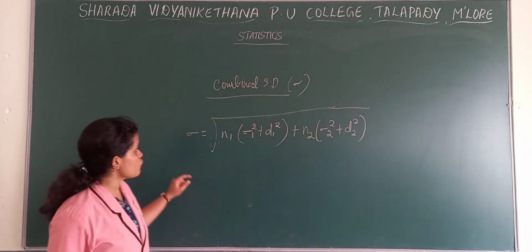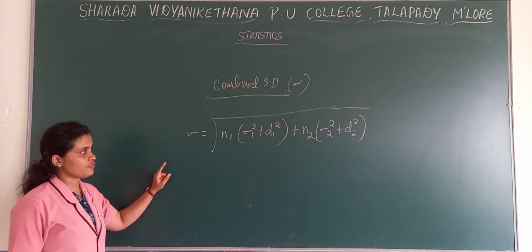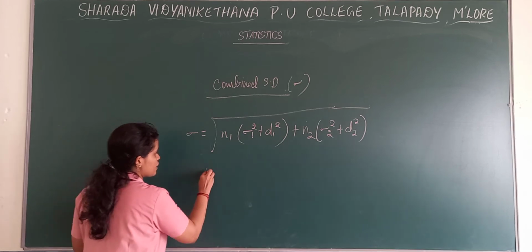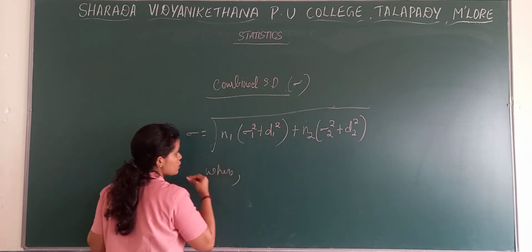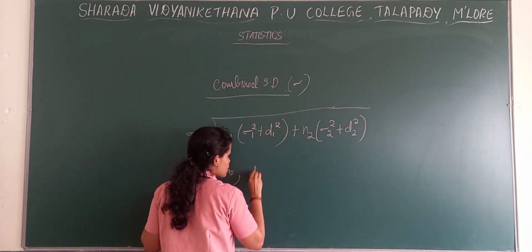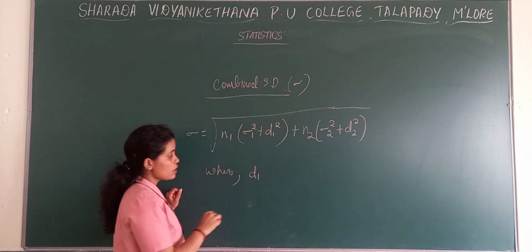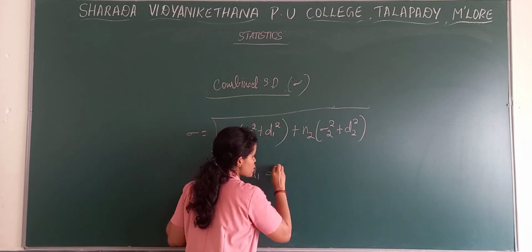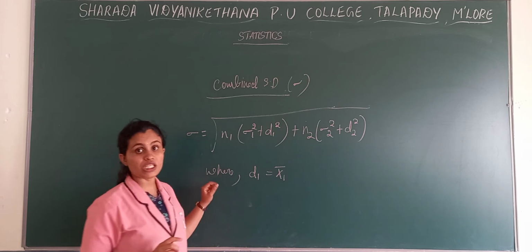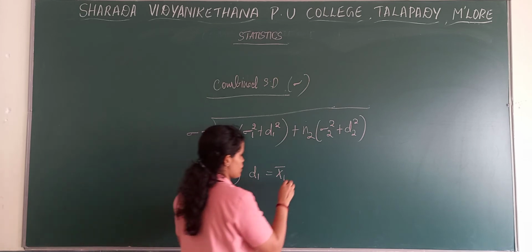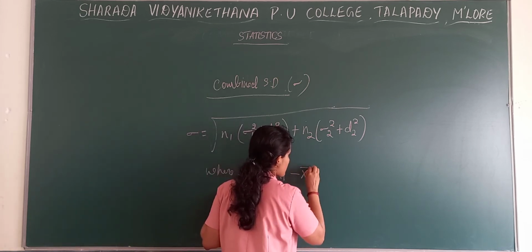So this is the formula of combined standard deviation, and here we get first deviation d1 is equal to x bar 1, that is nothing but mean of the first observation, minus x bar c.